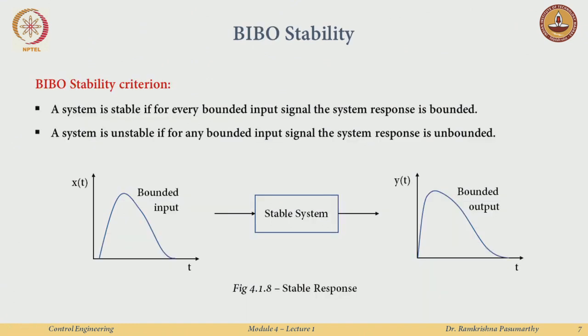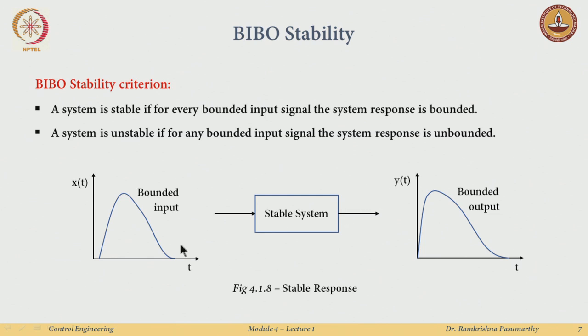In the case of input output, what we call bounded input bounded output stability, or in short BIBO stability, a system is stable if for every bounded input signal the response is bounded. Say, for example, I have a bounded input here, the response should just be bounded. If the response goes like something like this, then it is unbounded. So how will we define unstable systems in the input output setting? If I find any one bounded signal for which the output goes unbounded, the system is unstable.